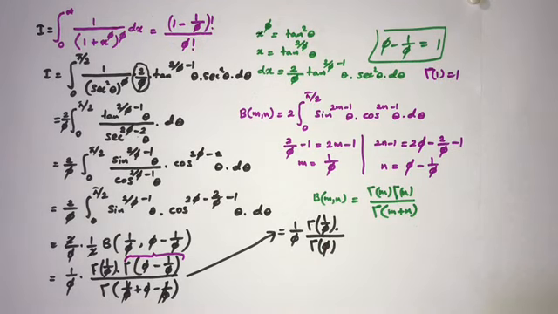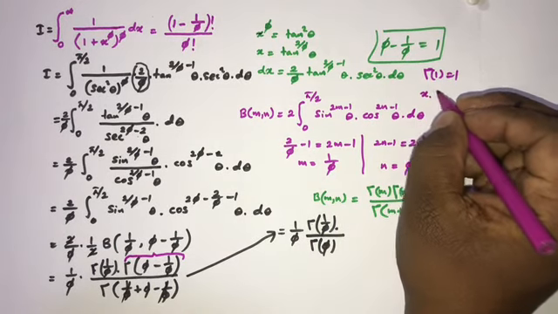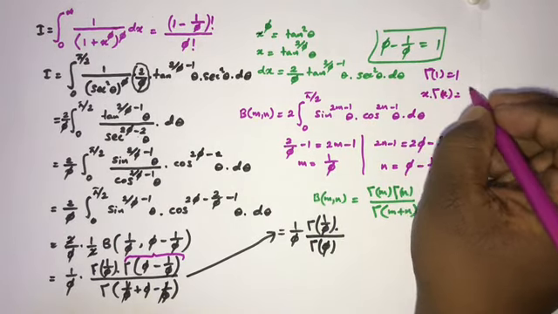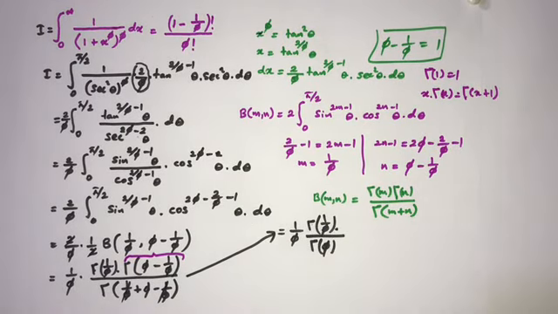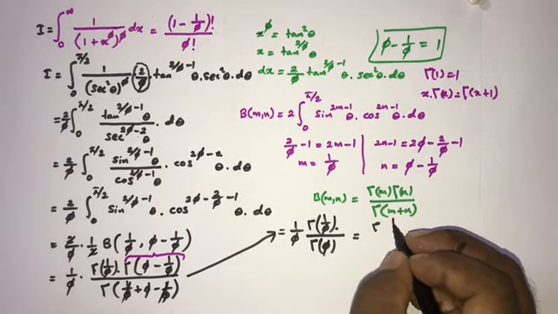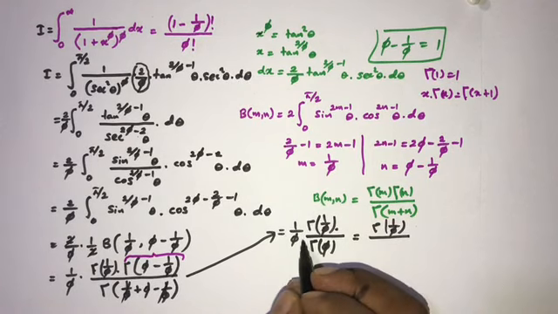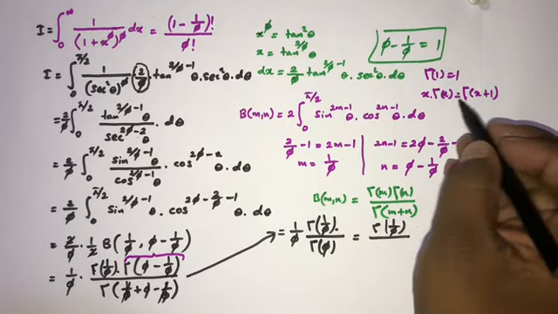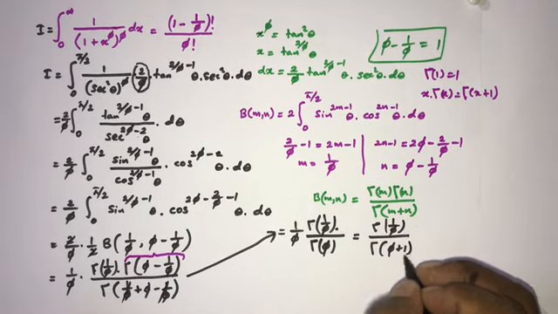And also we know this formula, x times gamma of x is equal to gamma of x plus 1. So now we can write this is equal to gamma of 1 over 5 over 5 times gamma of 1 over 5, so gamma of 1 over 5 plus 1.